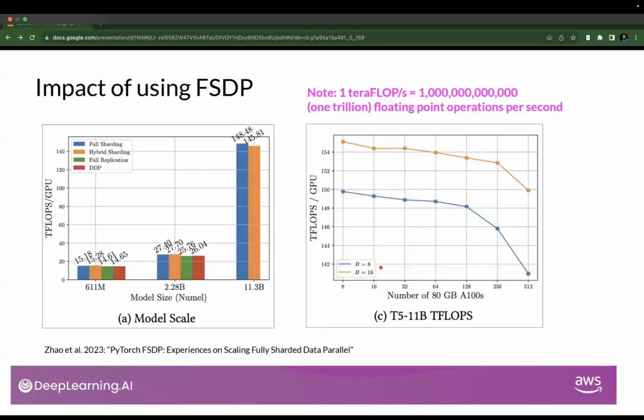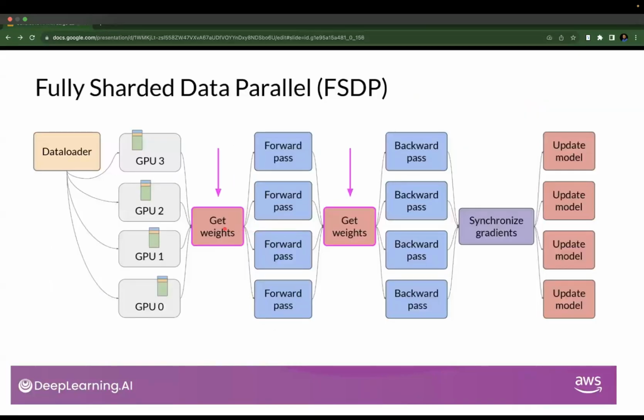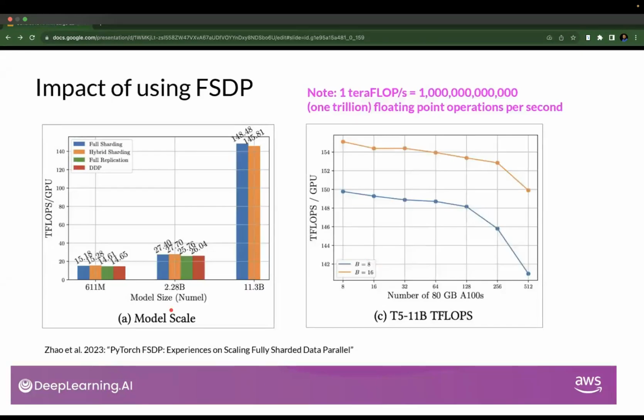However, if you increase the number of GPUs, there is a slight decrease in the overall throughput, because if you have more GPUs, as you see from the previous figure, you will have to exchange or get data from different cores. So this gathering of information from different GPUs has a negative effect on the overall throughput.